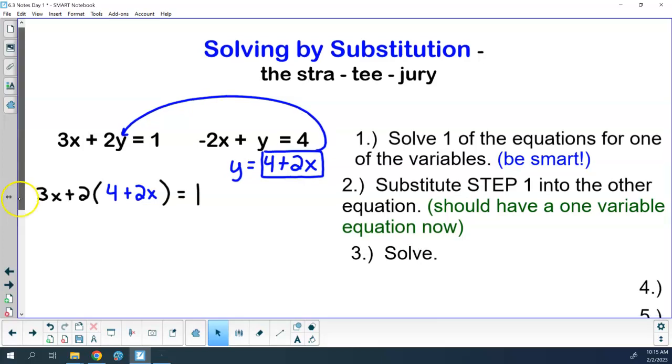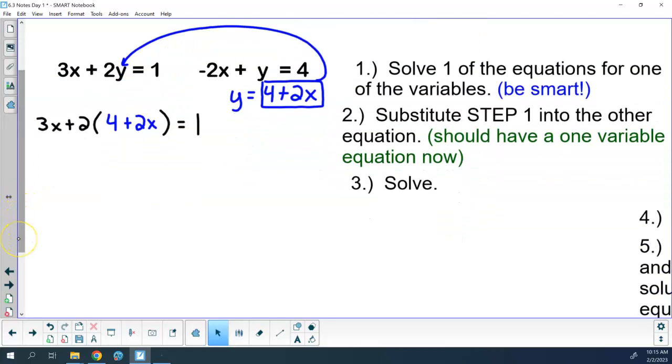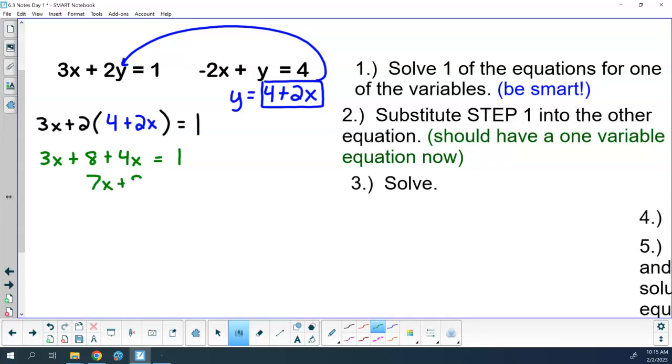Probably want to distribute, right? Subtract 8. Divide by 7.